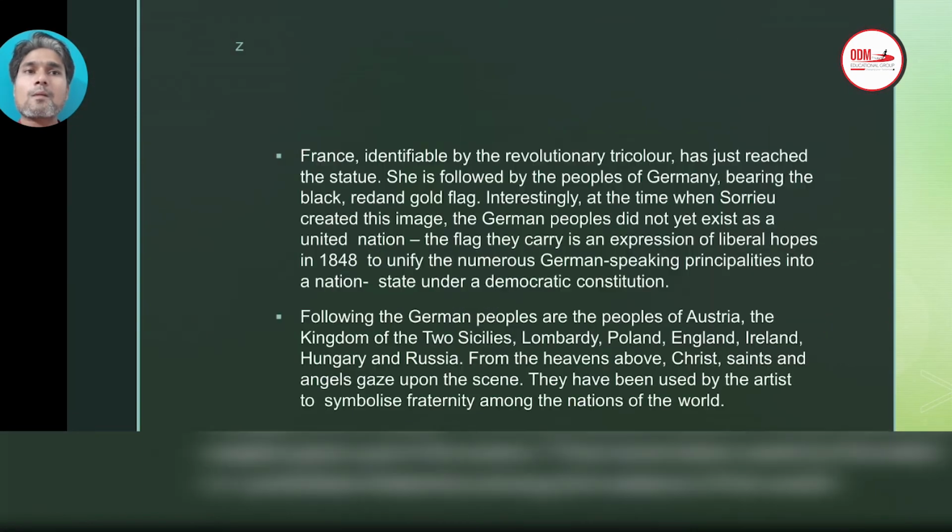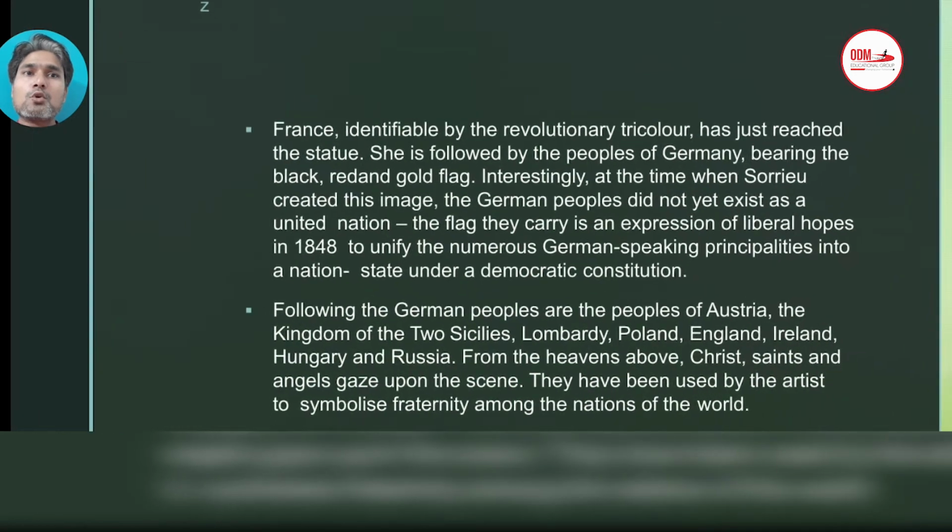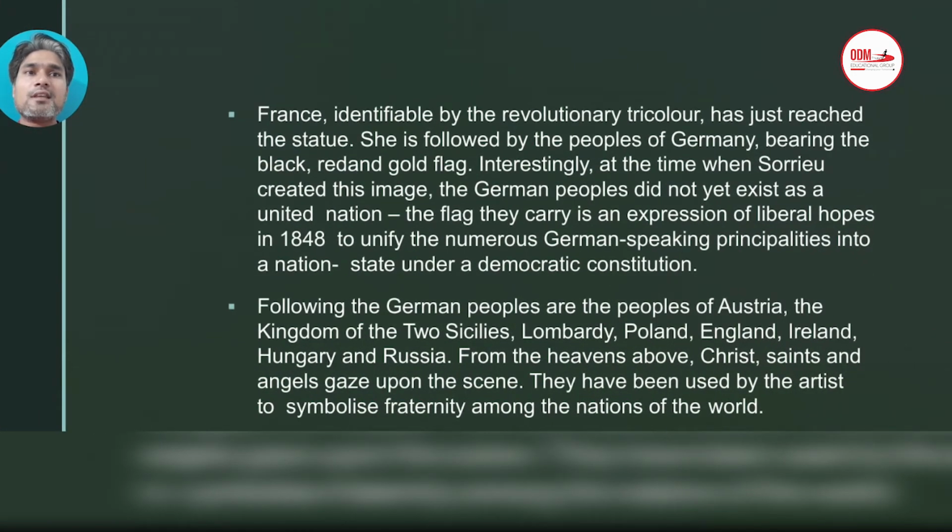France, identified by the revolutionary tricolor, we all know it was a tricolor, right, has just reached the statue. She is followed by the people of Germany bearing the black, red and gold flag. Interestingly, at the time when Sorrieu created this image, the German people did not yet exist as a united nation.